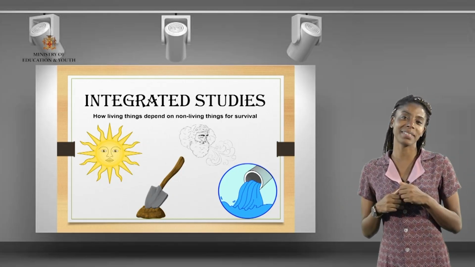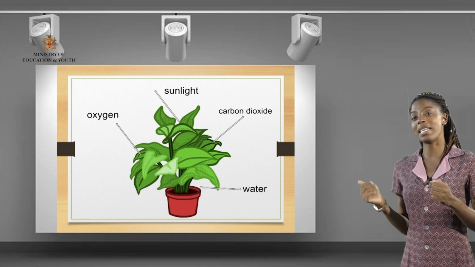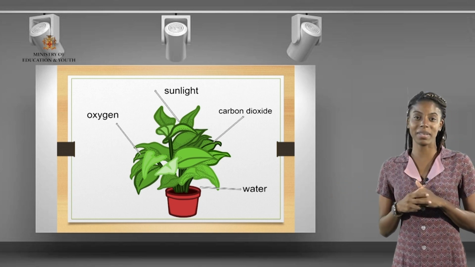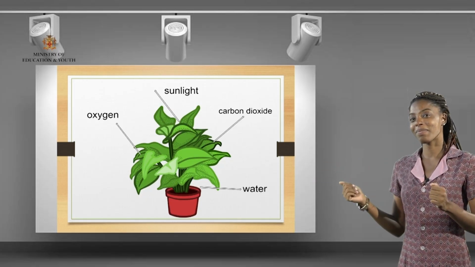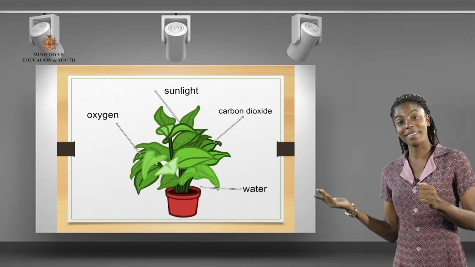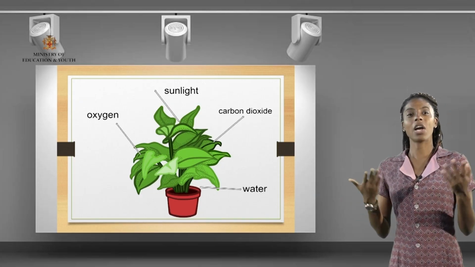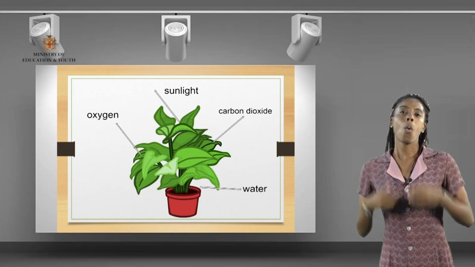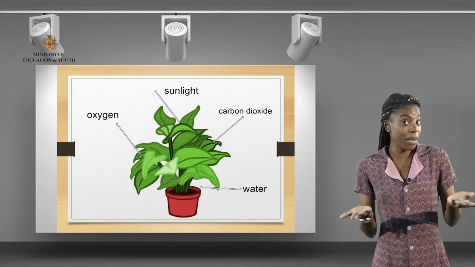What are we seeing? A plant. Now, the picture has some labels on it. Can you tell me the labels? All right, sunlight, carbon dioxide, oxygen, water. Now let's see if we can figure out what these things do to the plant that would help it to survive.